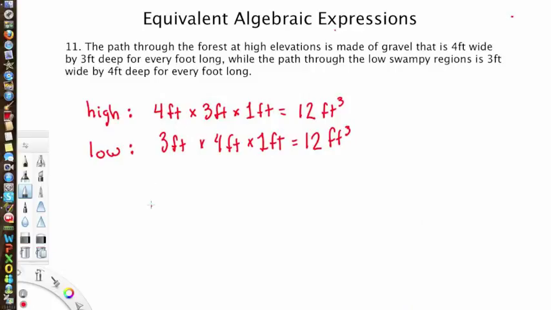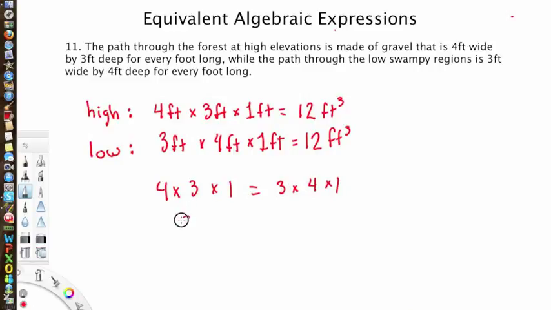So what I see here is we're just taking 4 times 3 times 1, and that's equivalent to 3 times 4 times 1. Once again, we have the same three terms, 4, 3, and 1. We have the same operators of multiplication. The only thing we're doing is commuting these numbers around.